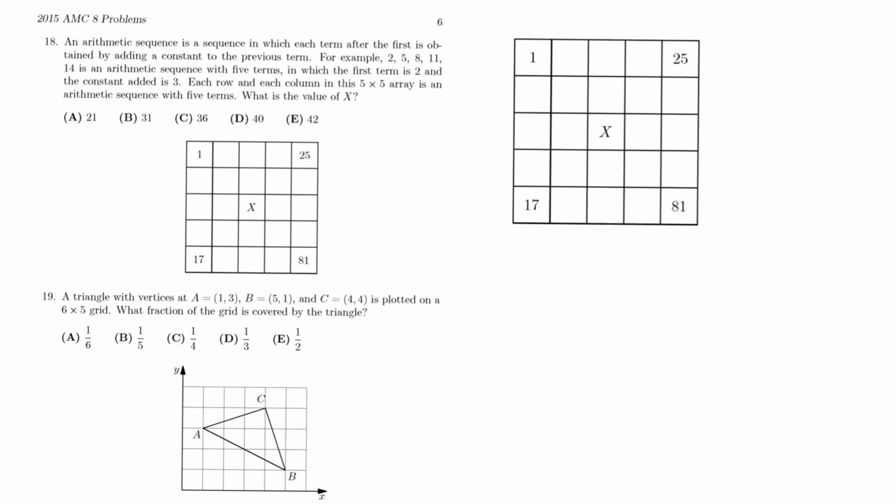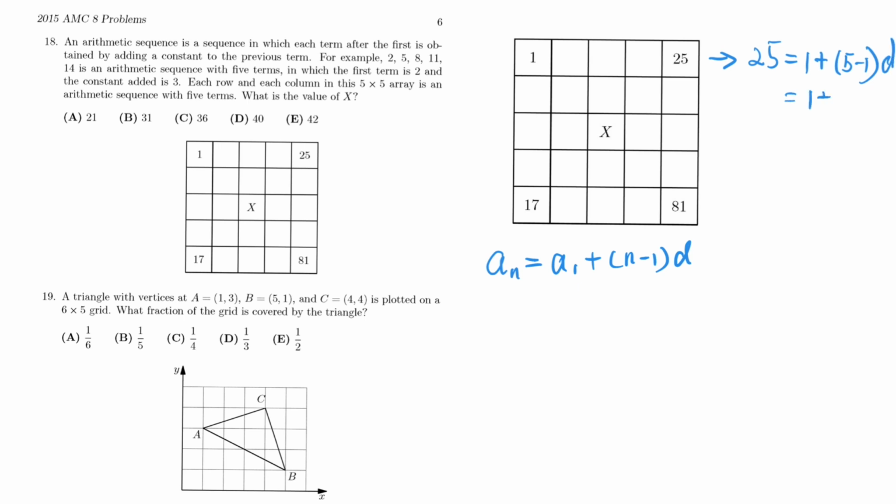Each row and each column is an arithmetic sequence. The general term n equals the first number plus n minus 1 times the common difference. For the first row, 25, the fifth number, equals the first number 1 plus, n is 5, 5 minus 1 times the common difference.